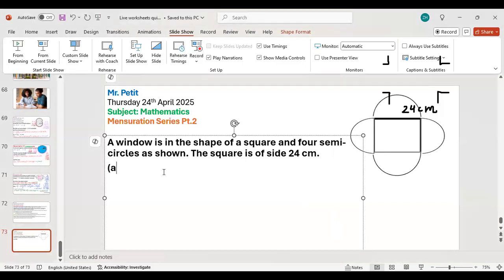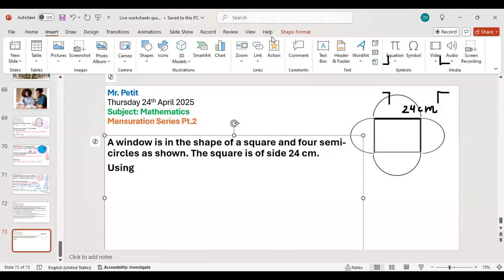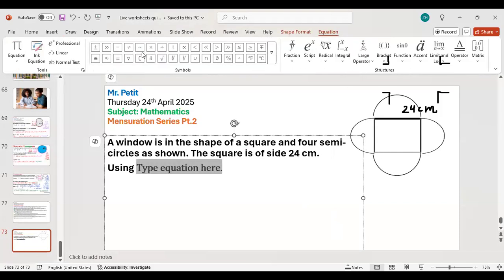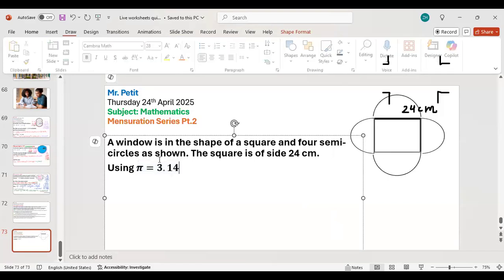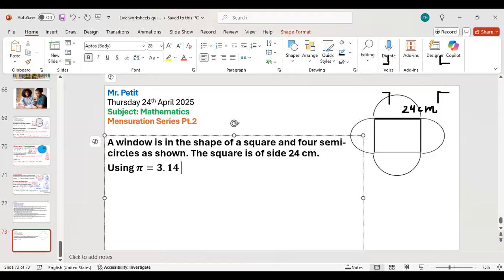So you have to put that using pi is equal to 3.14. Using pi is equal to 3.14 where necessary.